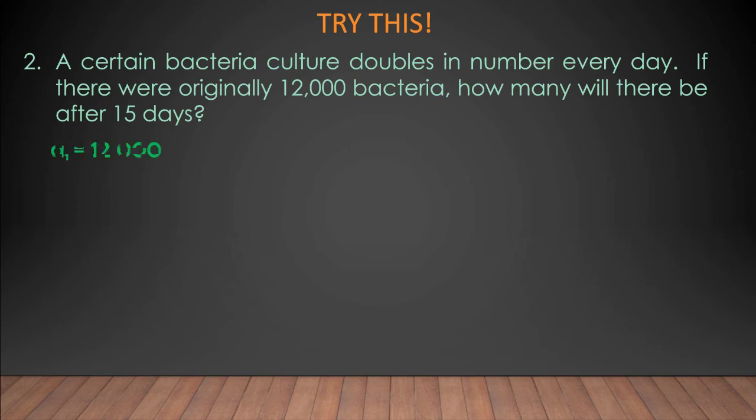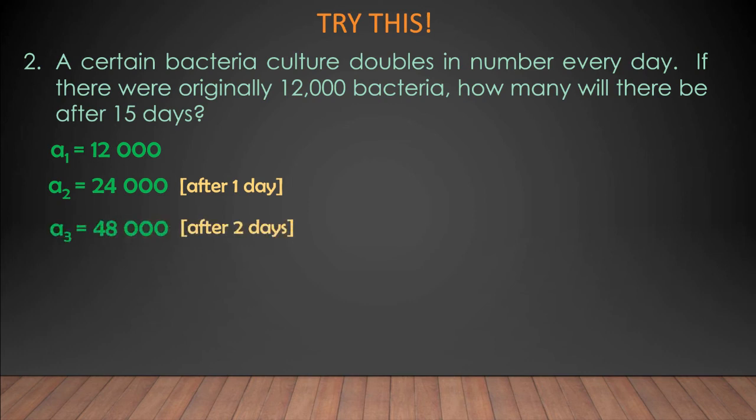Here, the first term is 12,000, so that's our A sub 1. After 1 day, the bacteria will double. Therefore, A sub 2 will now be 24,000. After 2 days, it's going to double again. Therefore, A sub 3 is 48,000.